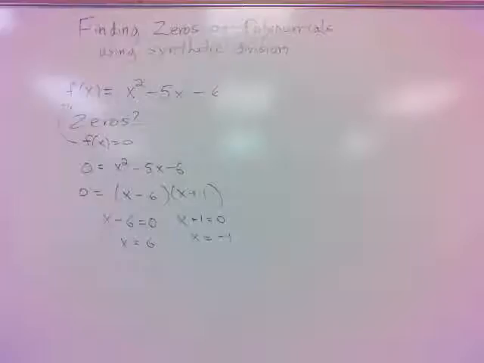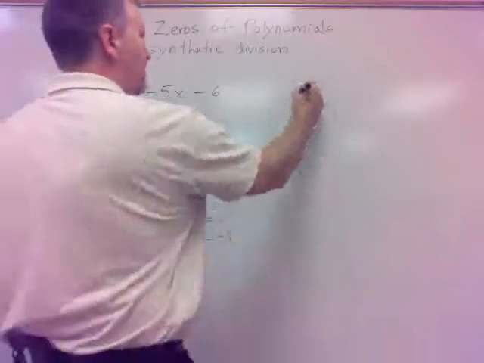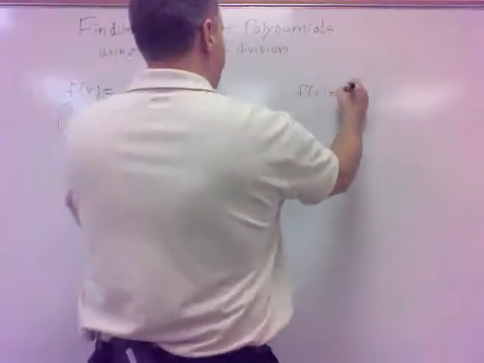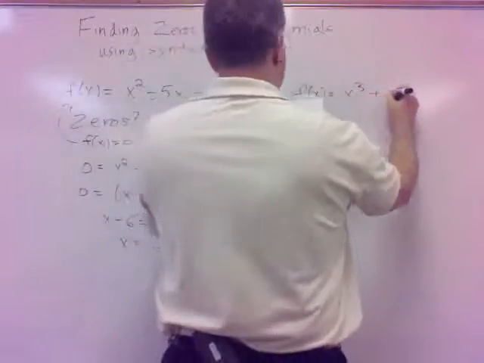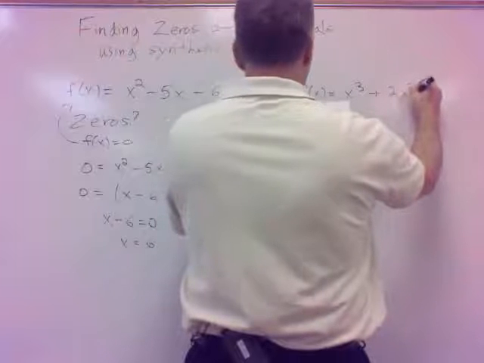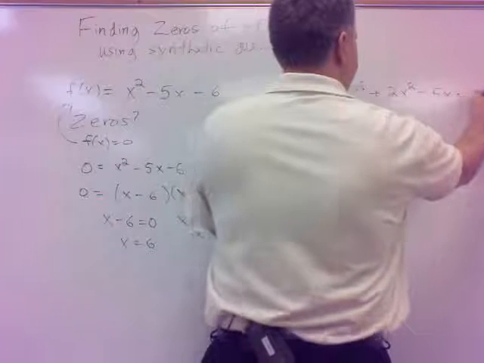Well, that's all well and good, but what if I have f of x equals x to the third plus 2x squared minus 5x minus 6?